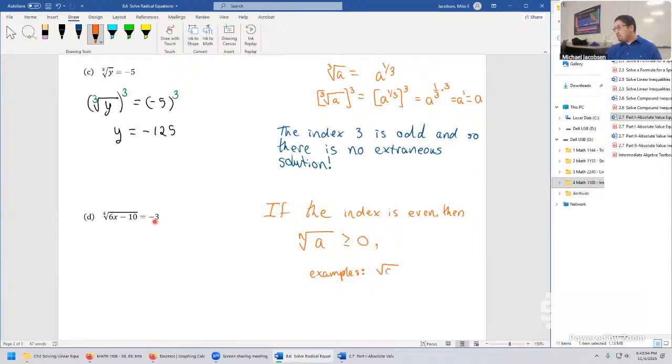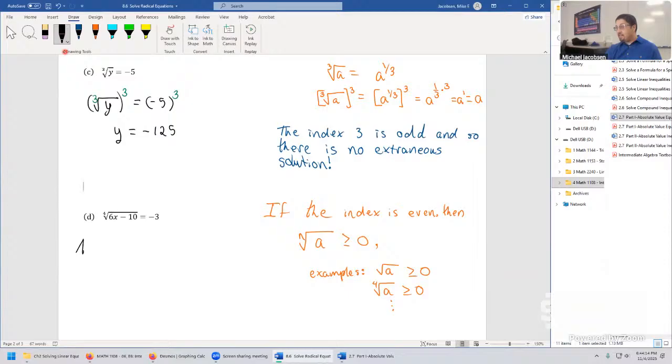the square root of a is always greater than or equal to 0. The 4th root of a is always greater than or equal to 0, and so on. The 6th root, the 8th root, and every even root whatsoever can never turn into a negative. But that means this is a fast problem once you spot it.